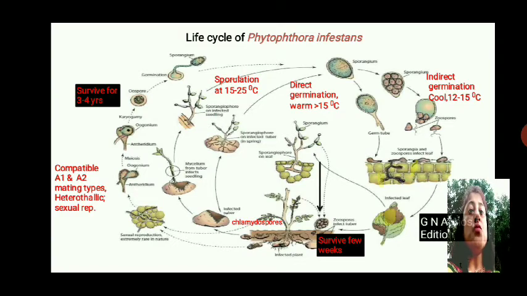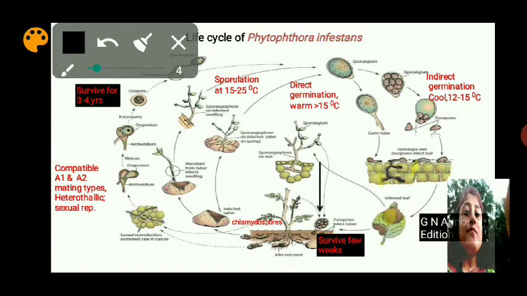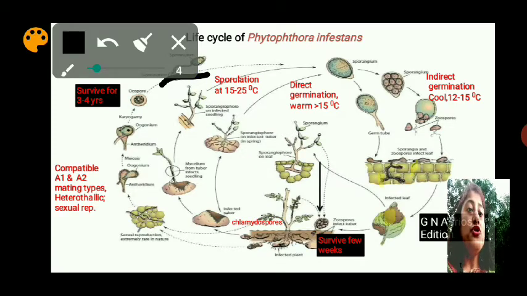When these oospores get favorable conditions, they overcome dormancy, and then they germinate to form the sporangiophore, and the tips of these sporangiophores bear the sporangium.